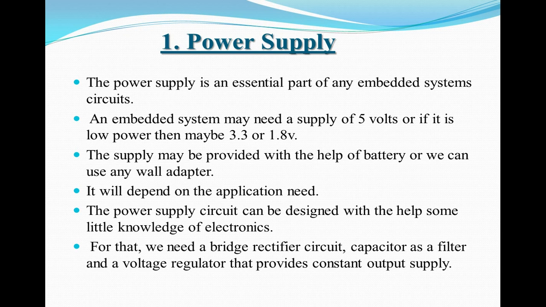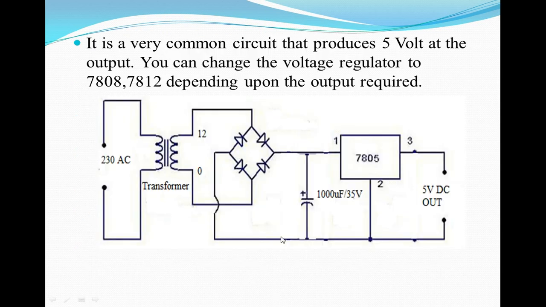The battery is inserted in each cell, so that once the battery is charged, it can work throughout the application. If the battery is going to get low, again we insert or charge that battery with the help of the power supply. So that is dependent upon what the user requires.